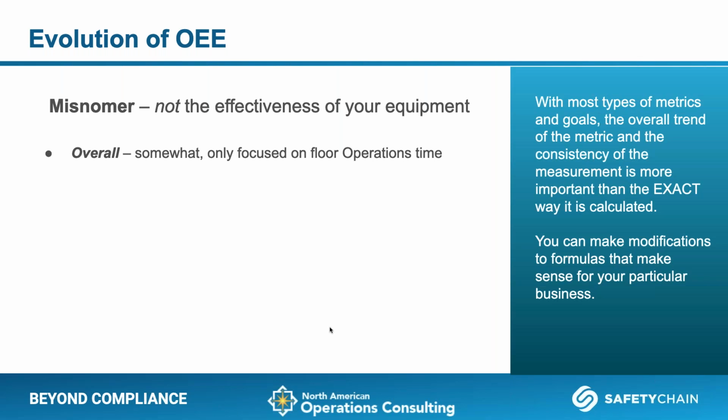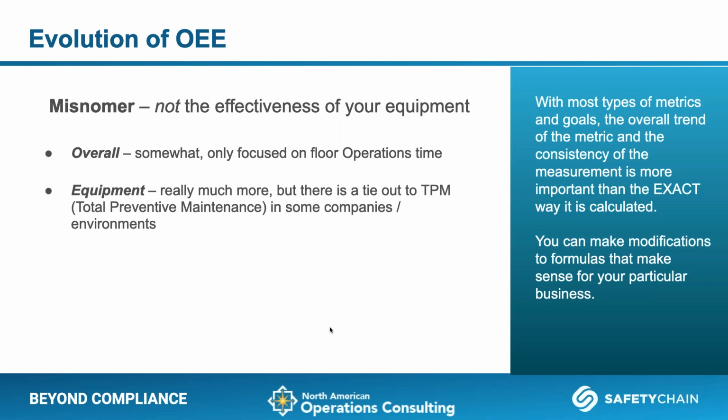I'm an APICS guy, so I've got the APICS certifications. I do APICS classes in English and Spanish. OEE really doesn't take supply chain into account. It would if you've got, as we're going to see with first pass yield, fallout due to a supplier maybe, but it's really focusing on the floor operation.